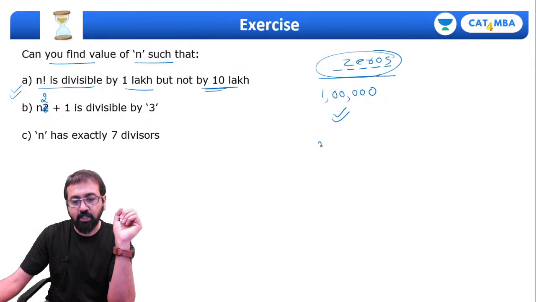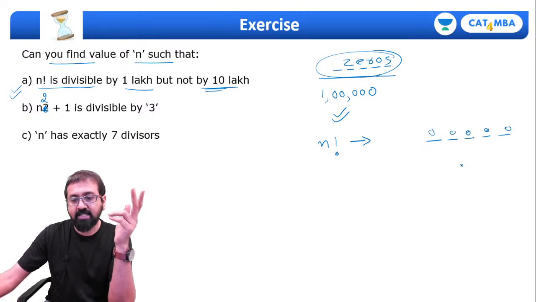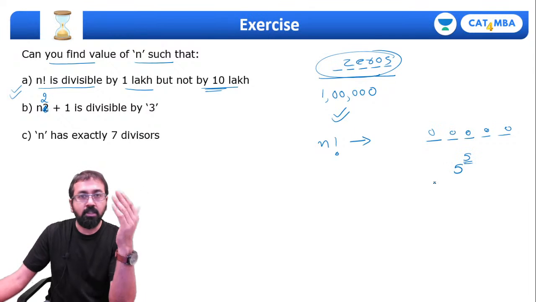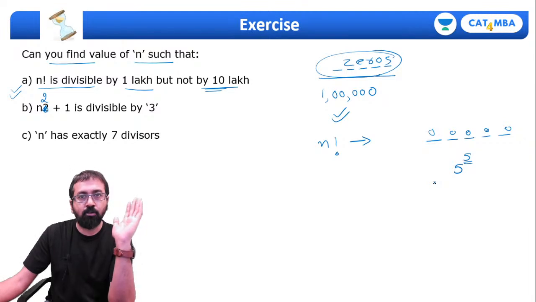So we need to find a factorial number which has exactly 5 zeros at the end, right? 5 zeros at the end means it should have exactly 5 powers of 5, neither less nor more. Of course, the power of 2 will always be plenty more than the power of 5, so we just need to check the power of 5.